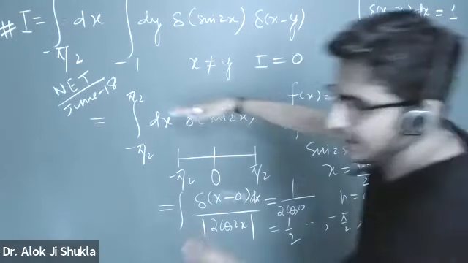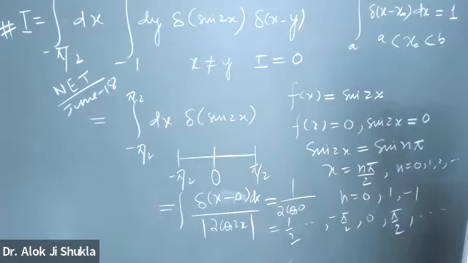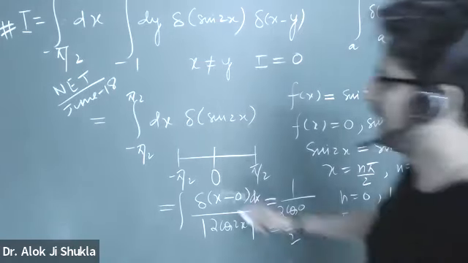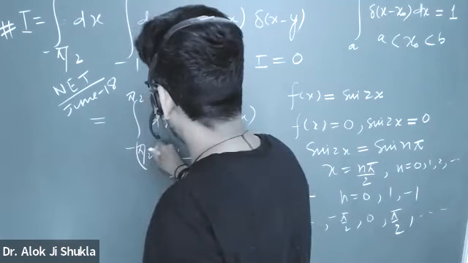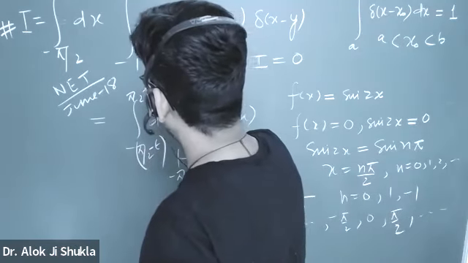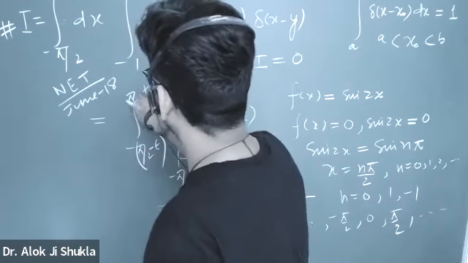If I increase this limit, the answer will change, right? Yes, sir. If I change the limit slightly to minus pi by 2 minus epsilon and pi by 2 plus epsilon, so what will be the answer?